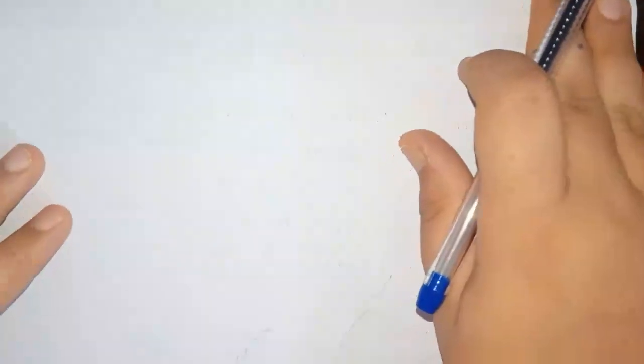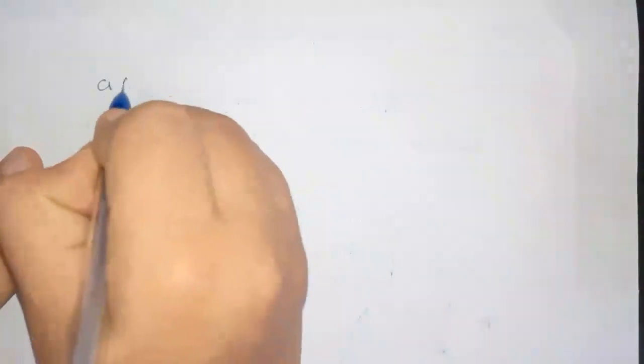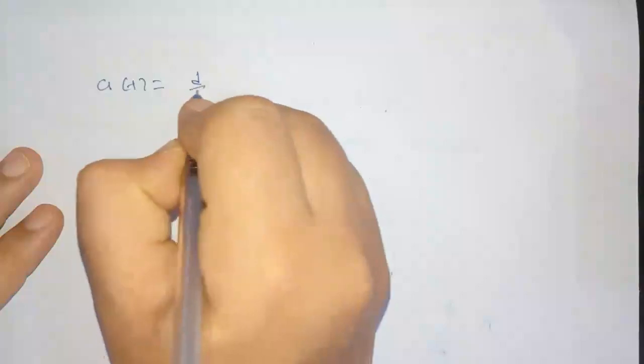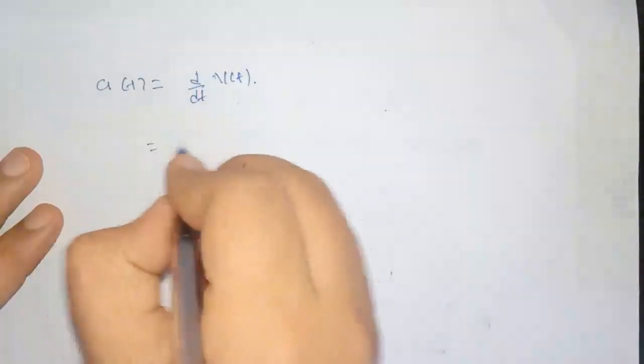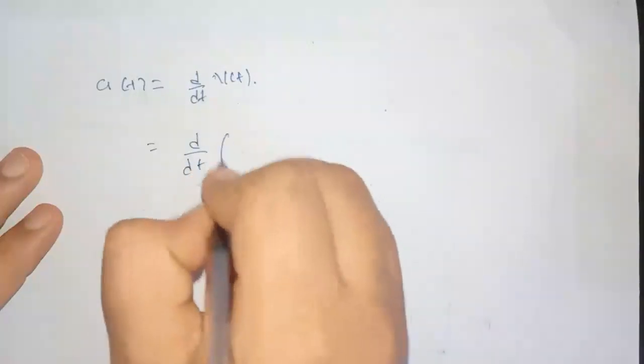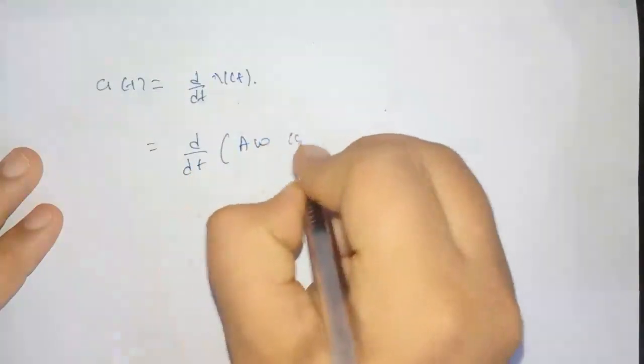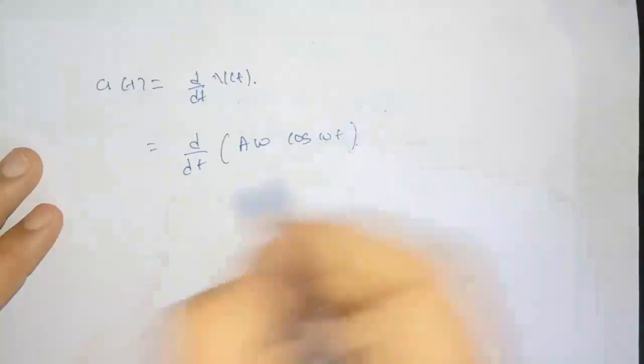Now if we want the acceleration, a of t will be given by d by dt of v of t. So d by dt of velocity, which was A omega cos omega t.